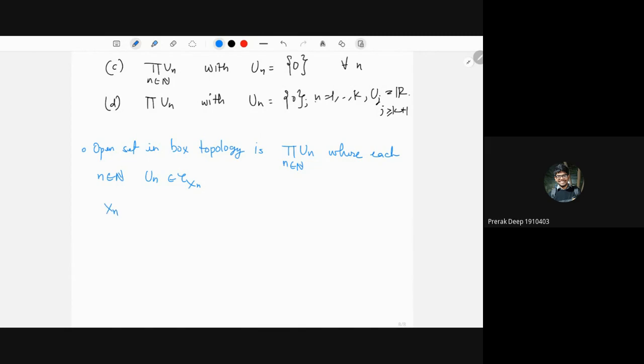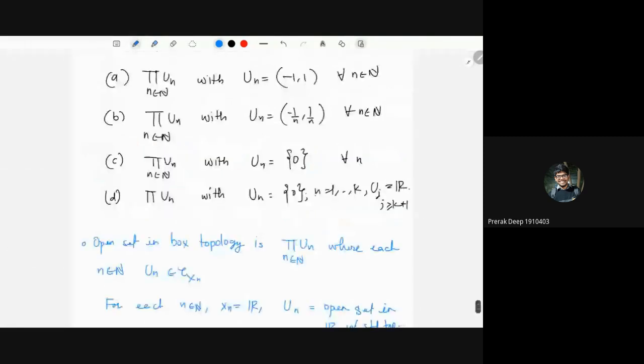In our case, for each n in the natural numbers, X_n is R. So U_n is nothing but an open set in R with the standard topology.